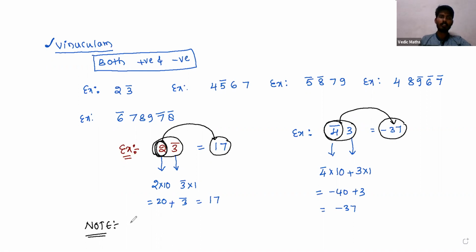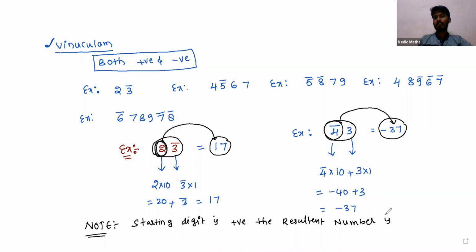Yes or no? That means if the starting digit is positive, then the resultant number is a positive number.